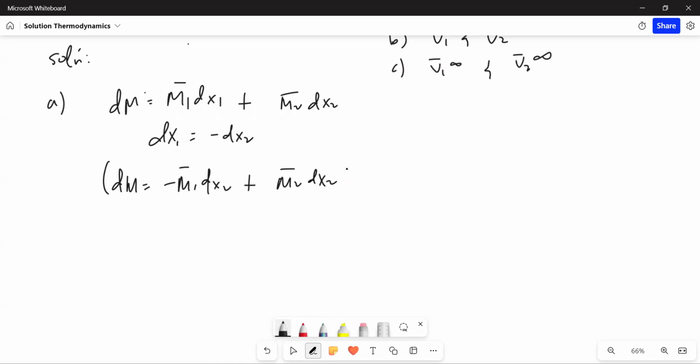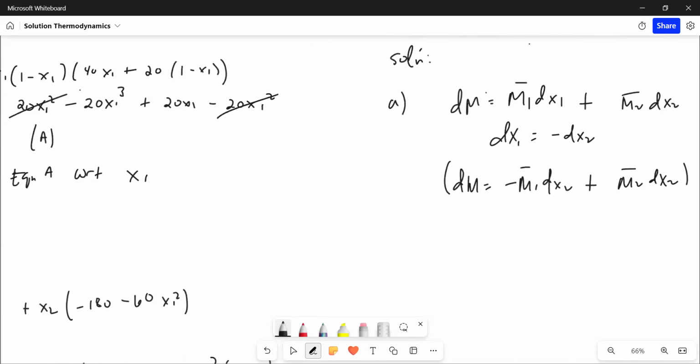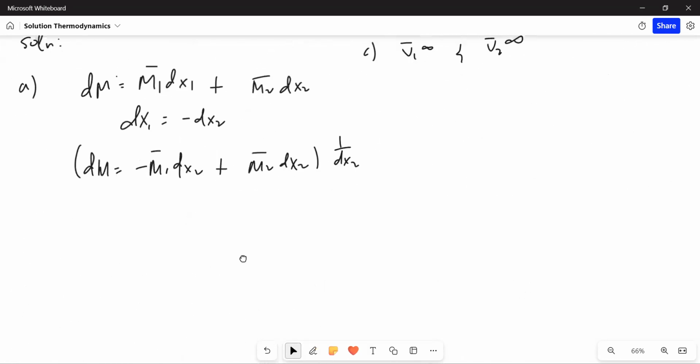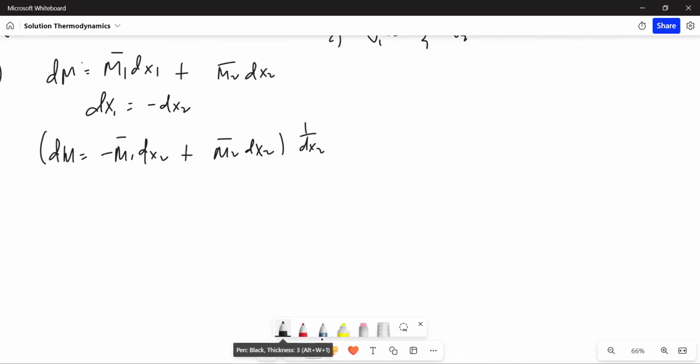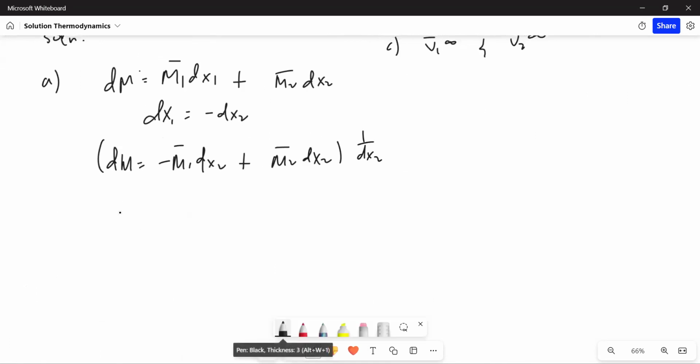Next, we divide the equation by dx2, and that would give us dM over dx2 equal to M2 bar minus M1 bar.